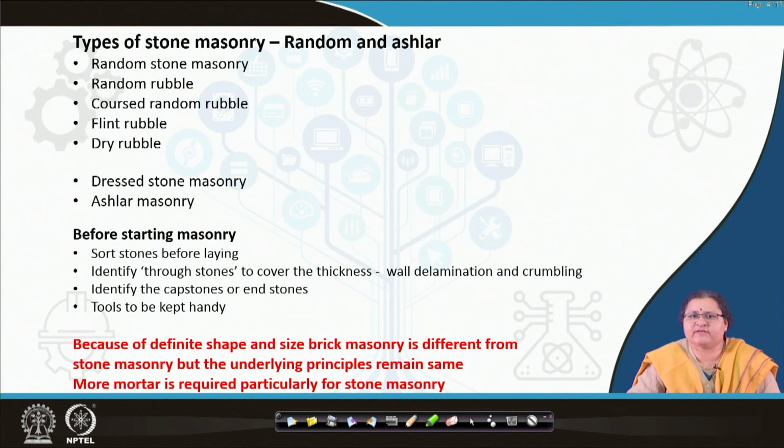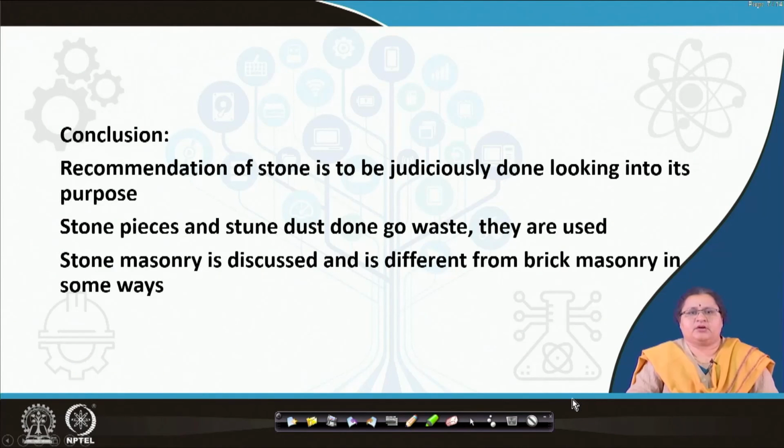More mortar is required particularly for stone masonry which is rubble work. Ashlar masonry may require less mortar for the same area of wall, because units may be larger in size than that of a brick, but usually rubble work ends up with around 25% mortar. So, we may conclude that the use of stone is to be judiciously decided by looking into its purpose.